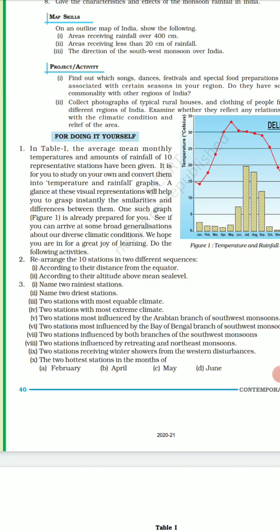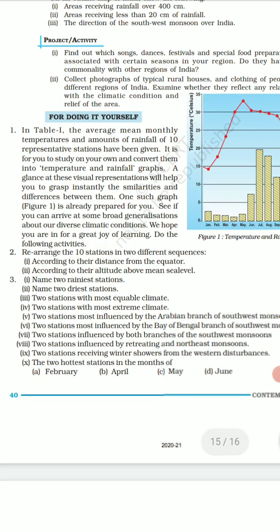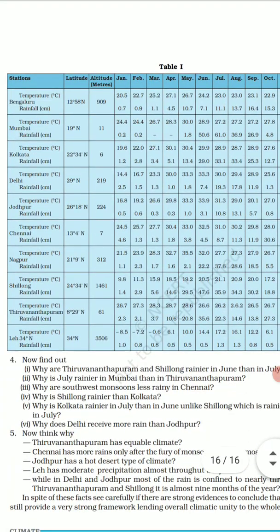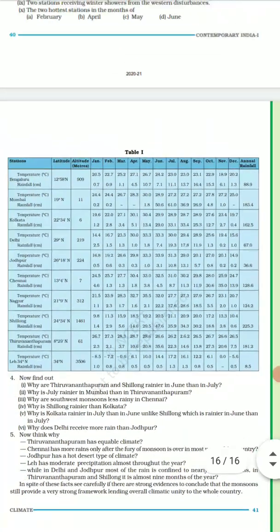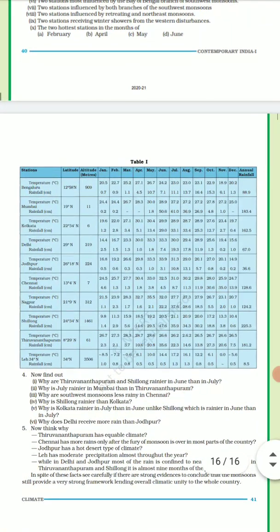Okay. Then question number 3, name the 2 rainiest stations where the rainfall is very high. It means which column you will see? Last, annual rainfall column. Okay? Wherever the rainfall is very high will be the rainiest. Which are they?